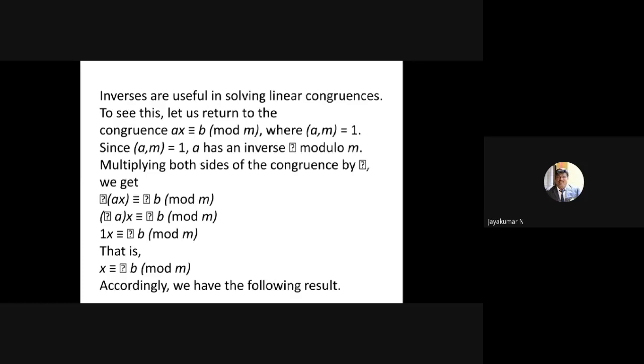The left hand side Ax is multiplied by A inverse, and the right hand side B is also multiplied by A inverse. On the left hand side A inverse into A is 1, so 1 into x is congruent to A inverse B mod M. So x is congruent to A inverse B mod M, which is the solution for the congruence Ax congruent to B mod M.